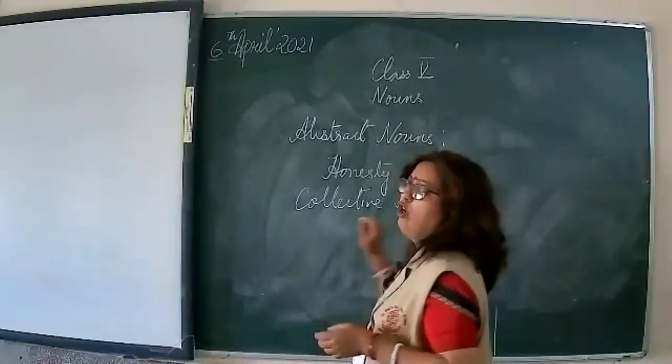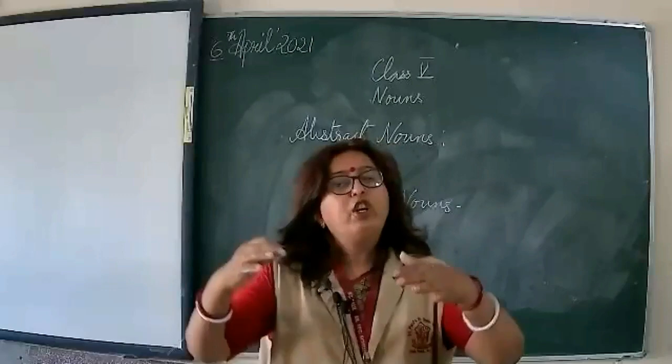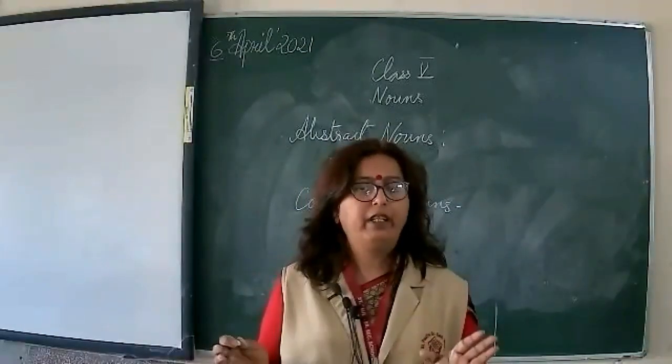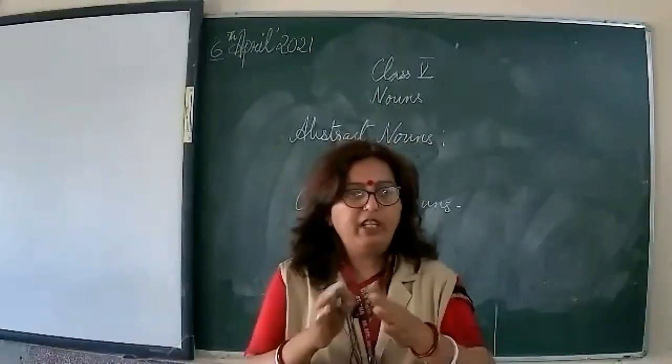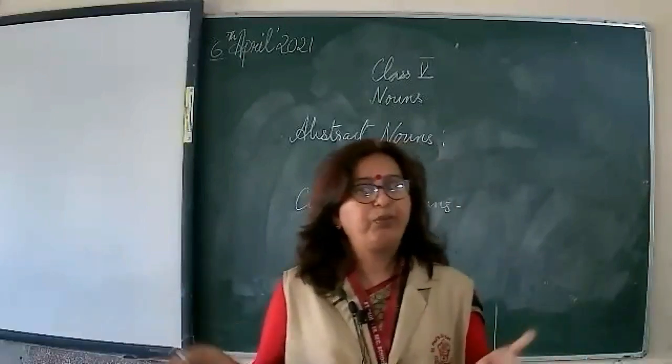Now see children, when you take many things and you make them as one group, one particular thing, like you say a class of students, there are so many students, probably 54, 55, sometimes 60 also.